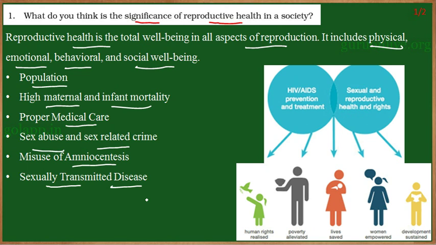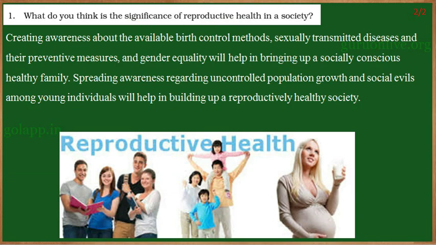When people are aware about these problems, the society can be improved, and people in a society will have a better life. So, creating awareness about the available birth control methods will help to reduce the population and prevent unwanted pregnancy.